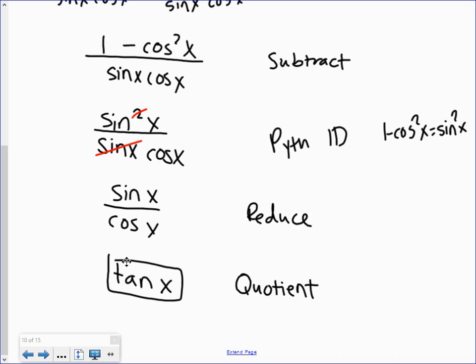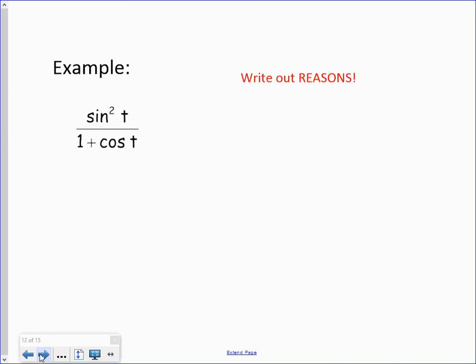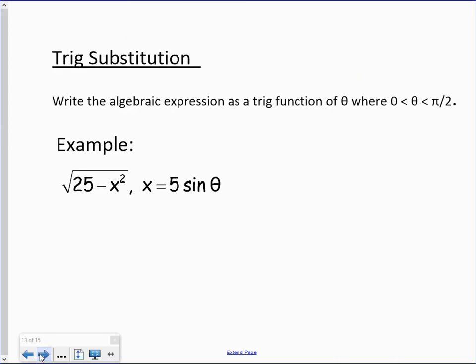Okay, there's one other type of example that's going to be on your homework that I want to talk about, and that's the trig substitutions. This is what the directions are going to say: write the algebraic expression as a trig function of theta, where 0 is less than theta is less than pi halves. And this is what the problems are going to look like.